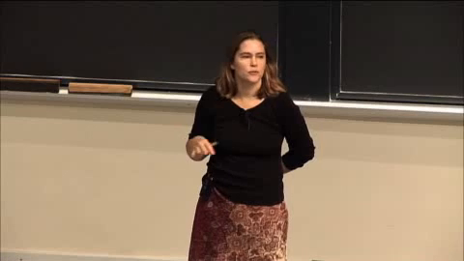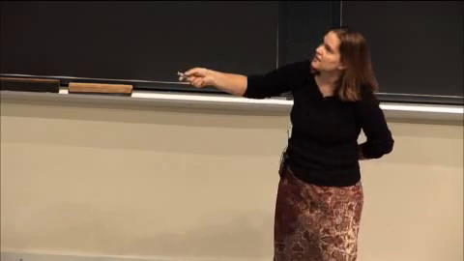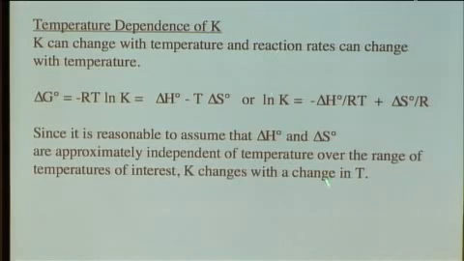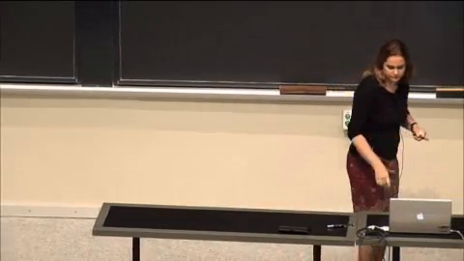That would be true for pretty much any temperature we would be talking about. So that means that K, or the natural log of K, is going to change depending on the temperature. These other ones are constant at all the temperatures, so there's a relationship between the equilibrium constant and temperature.